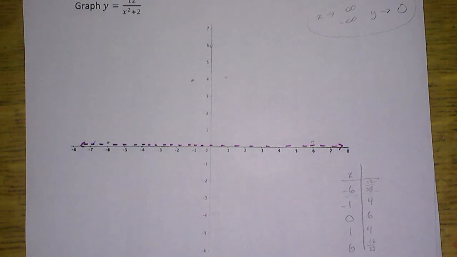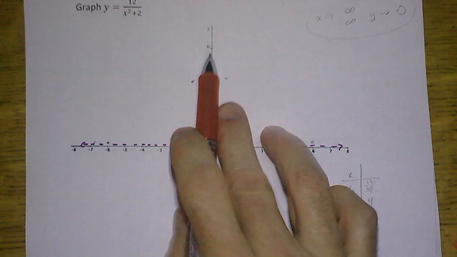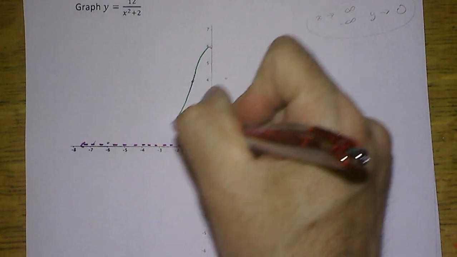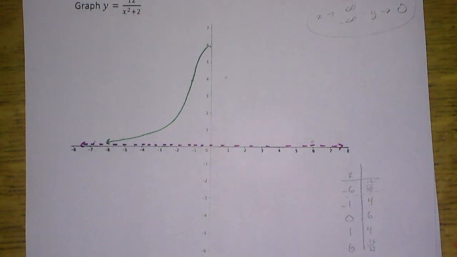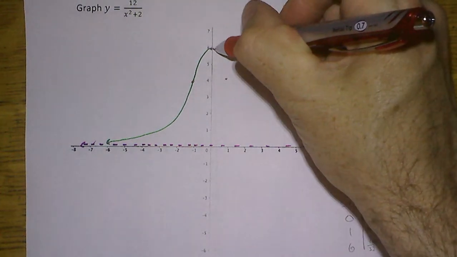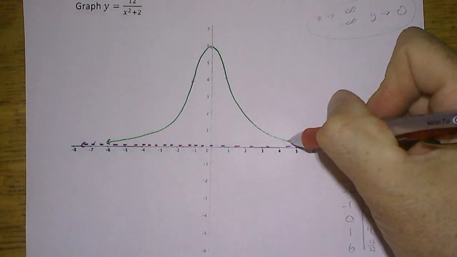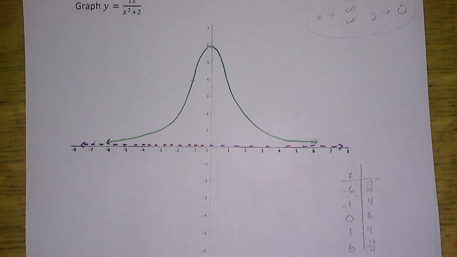And in fact, yeah, that's what I'm doing. So I have my function, and it looks like it hits the highest here. So I'm going to start at the highest, and then as x goes towards negative infinity, it's going to flatten out. So that's what it looks like on the left-hand side. On the right-hand side, it looks like it starts at the highest and then flattens out as x gets large. So there we have it.